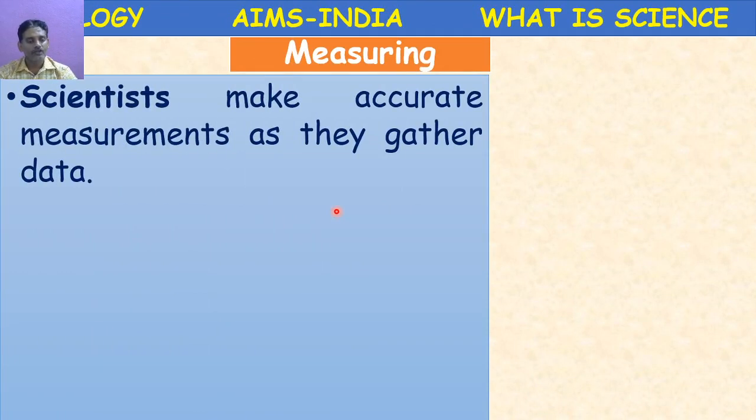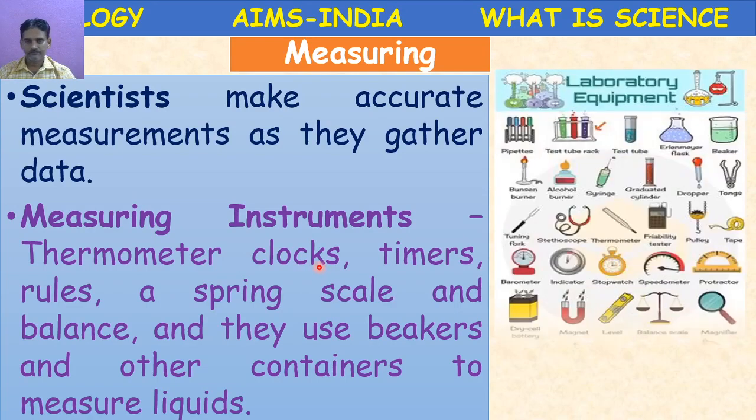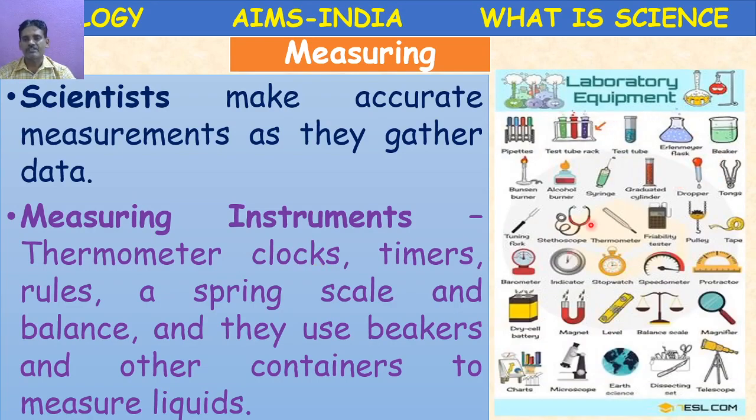Scientists make accurate measurements as they gather data. Okay, they use different types of measuring instruments like thermometers, clocks, timers, a balance, a spring balance or a spring scale, and different types of beakers and other containers to measure liquids.